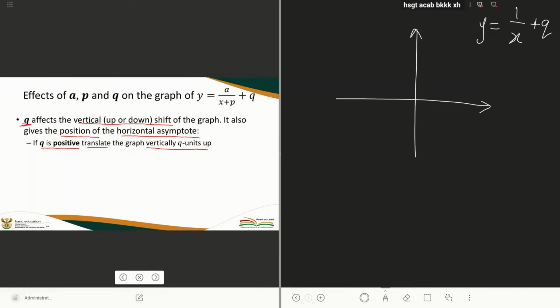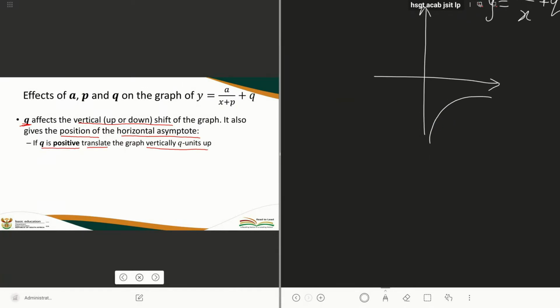Our A is positive, so we're saying it's an increasing function, like that. It's a decreasing function, actually. Let me just erase that part, because our A is positive. So we'll have a decreasing function like that.